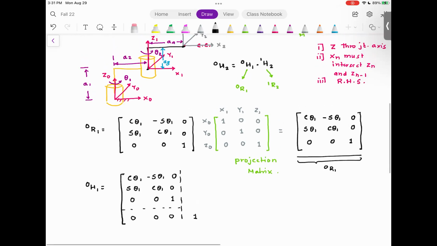Now comes the important part. I have to take care of translations, and I'm going to go very slow. So this is the translation in X. This is the translation in Y. And this is the translation in Z.